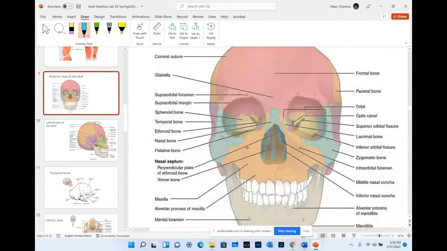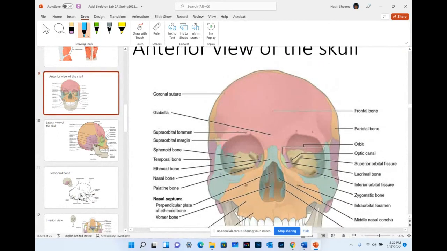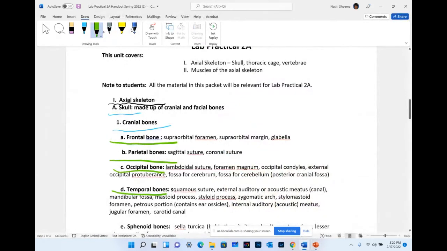This bone in pink is your frontal bone. In the frontal bone, this line is your supraorbital margin. So we are doing the supraorbital margin, then supraorbital foramen, and the glabella.